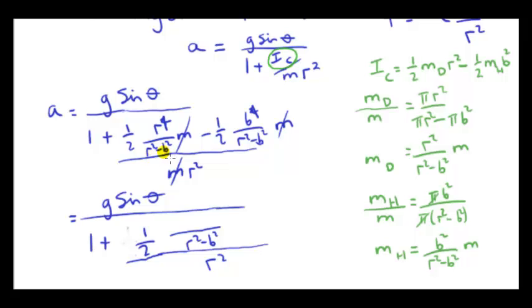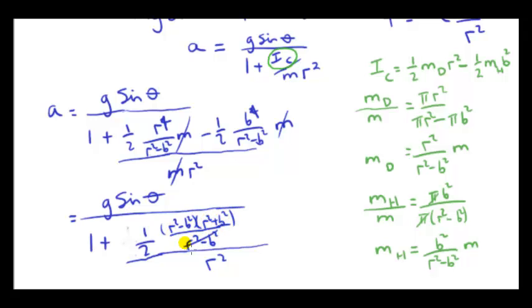Okay, so I want to put these two fractions together. Common denominator r squared minus b squared, so we have r to the 4 minus b to the 4 on top. Now r to the 4 minus b to the 4 is the difference of two squares. It can be written as r squared squared minus b squared squared, so we can write what's on top as r squared minus b squared times r squared plus b squared.